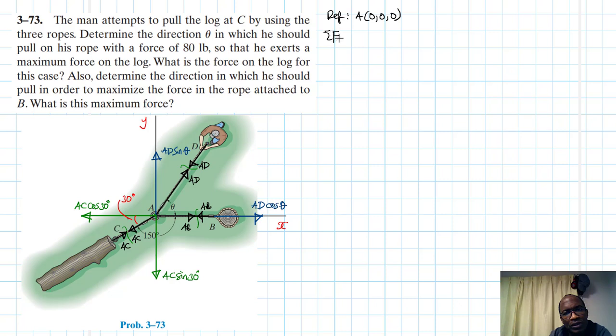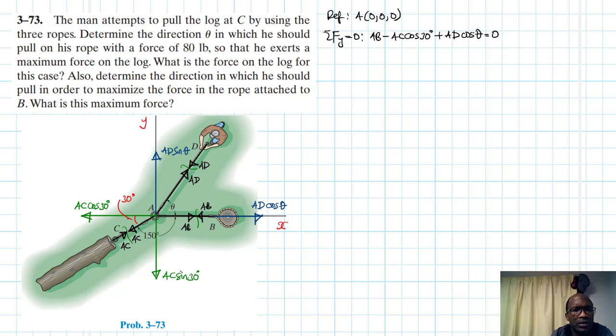Summation of forces in the x: we have AB, minus AC cos 30, plus AD cos theta equal to 0.